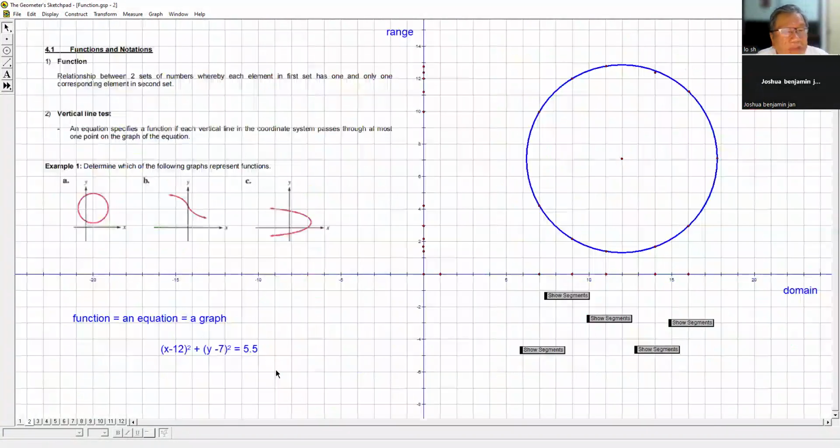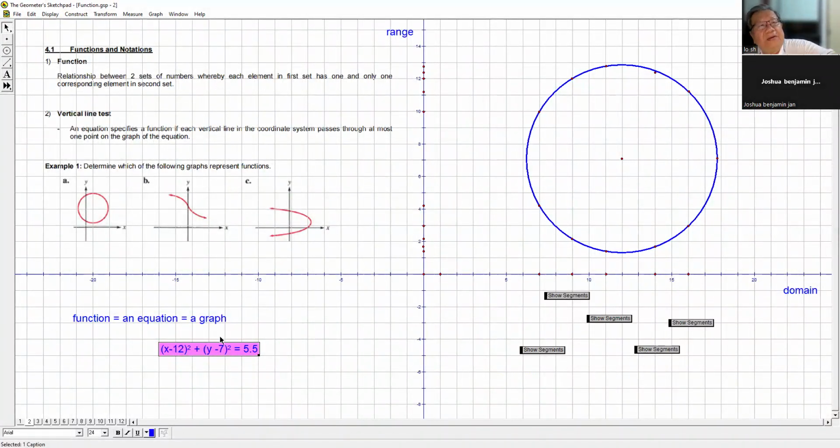So coming back to this here. When I see a circle like this, which is a graph, it is actually represented by an equation, something like this. And whether this equation is a function or not, we don't know, right?